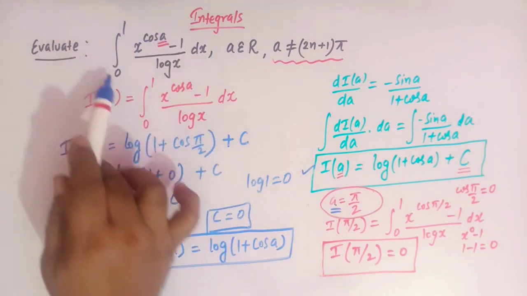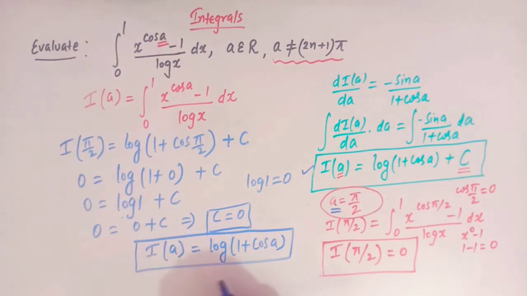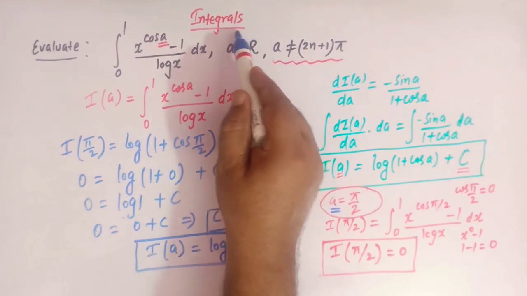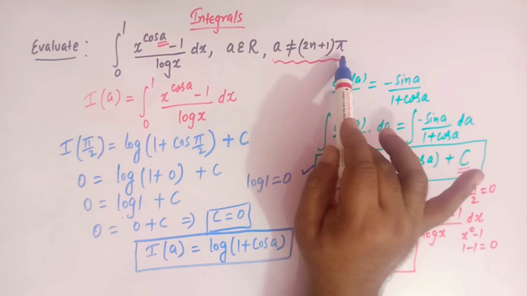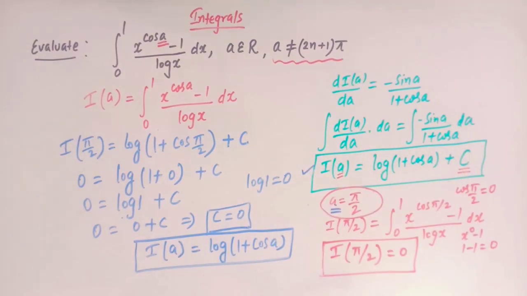So the value of this integral is equal to the logarithm of 1 plus cos a, where a is a real number except the odd multiples of pi, right? So viewers, this is how we can solve this type of problems by making use of the method, that is differentiation under the integral sign, right?